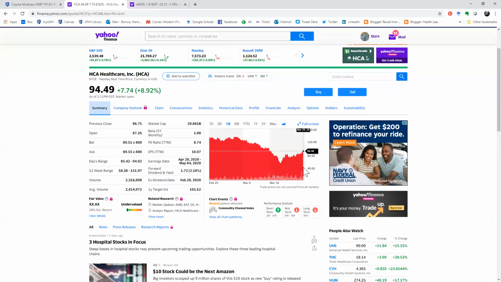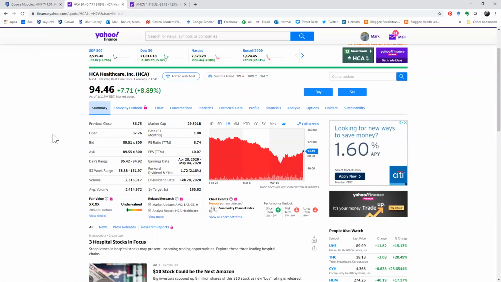And now it's back up to 94. I'm guessing in 6 months, HCA will be back up to 130. I wouldn't be surprised. So, if you had a bunch of money laying around, you could buy some HCA stock, and you might make a nice 30% return in a couple of months.